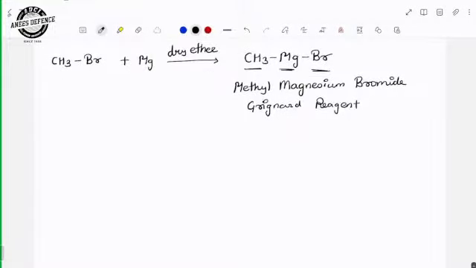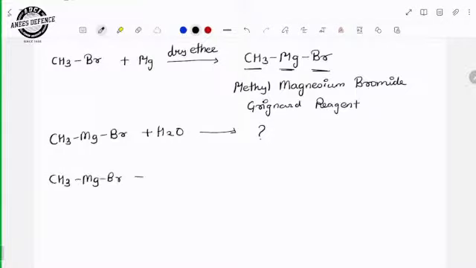fine. Now, if I'm treating this Grignard reagent, that is CH3MgBr, with water, then what will happen? Let us see. CH3MgBr, and I'll write this water as H-OH.